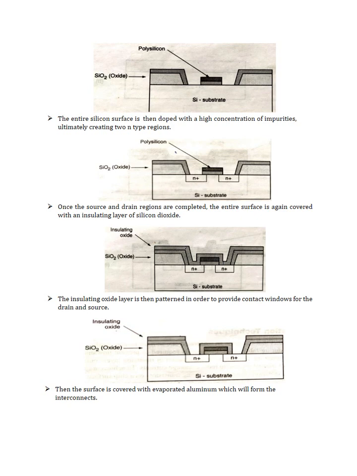Then insulating oxide is further deposited, and between the insulating oxide, regions are made so that aluminium can be deposited to make the contact of this transistor with other transistors and devices on the integrated circuit. So in all these steps, oxidation grows the thick layer of oxide.